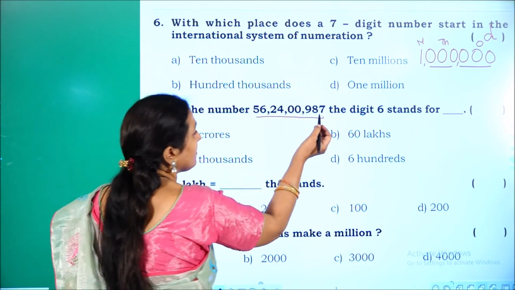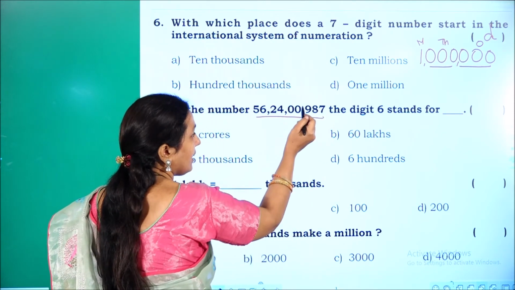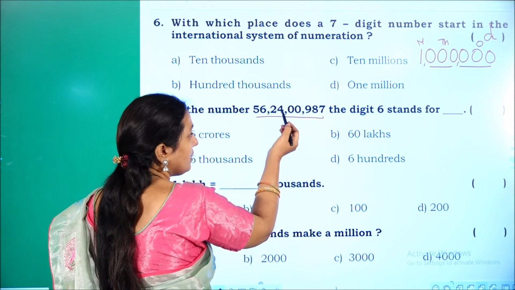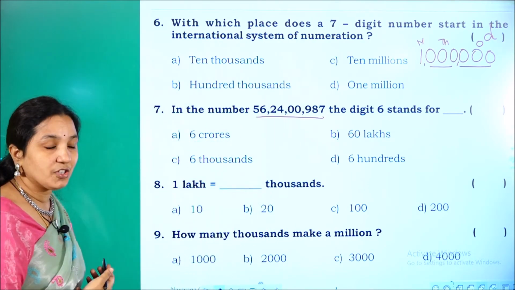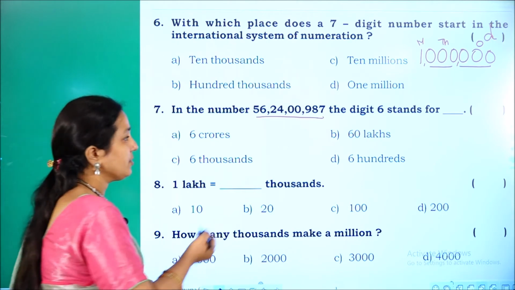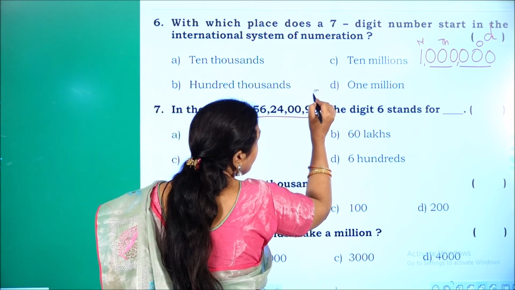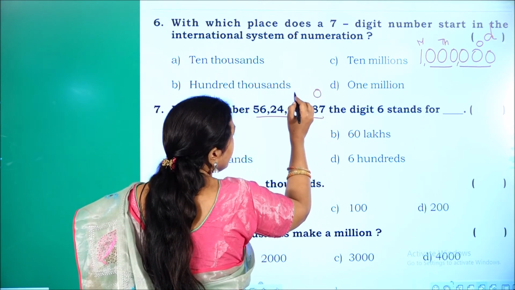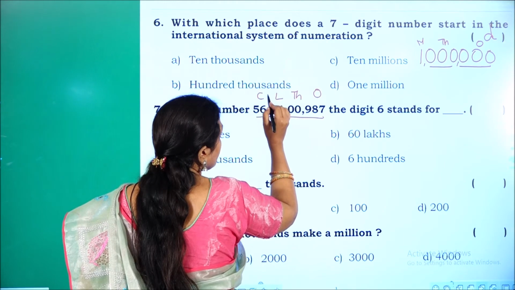Here, in the ones period, 1, 2, 3 places, and thousands period 1, 2 and lakhs period 1, 2, so it belongs to the Indian system. For easy reading, I am writing the ones period, thousands period, lakhs period and crores period.